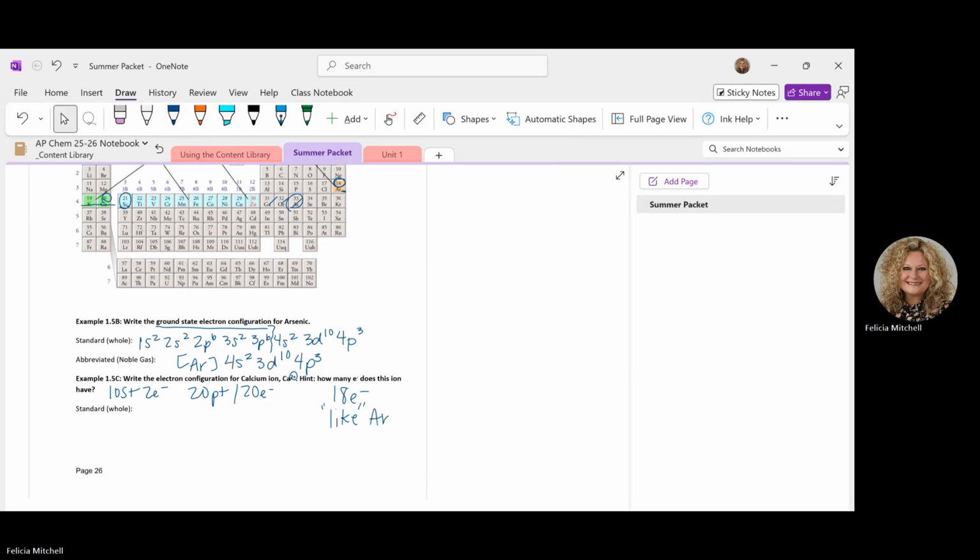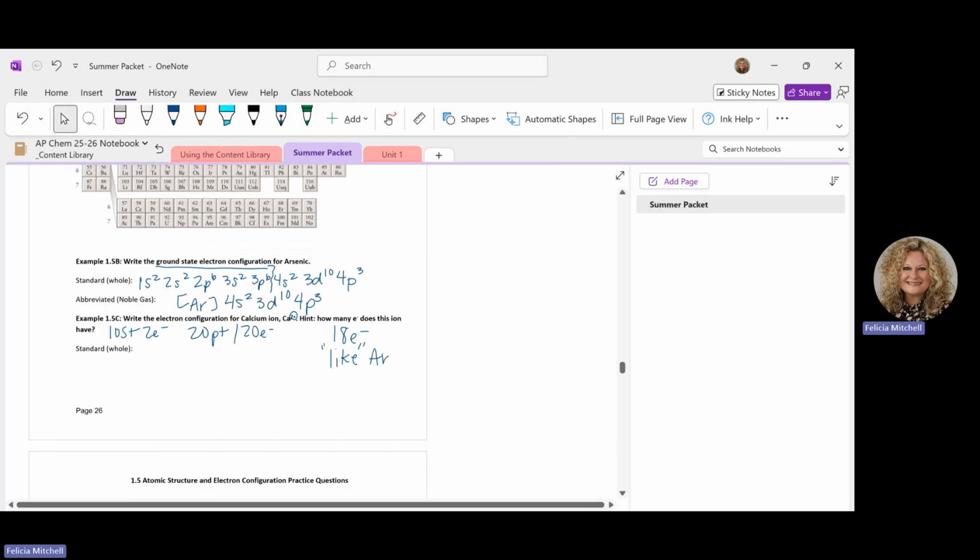He's like argon. Okay, we would say he is isoelectronic. Iso means same, or that he has the same electron configuration as argon. Okay, well, that means he's like a noble gas. Isn't that everybody's goal? Doesn't everybody want to be like a noble gas?